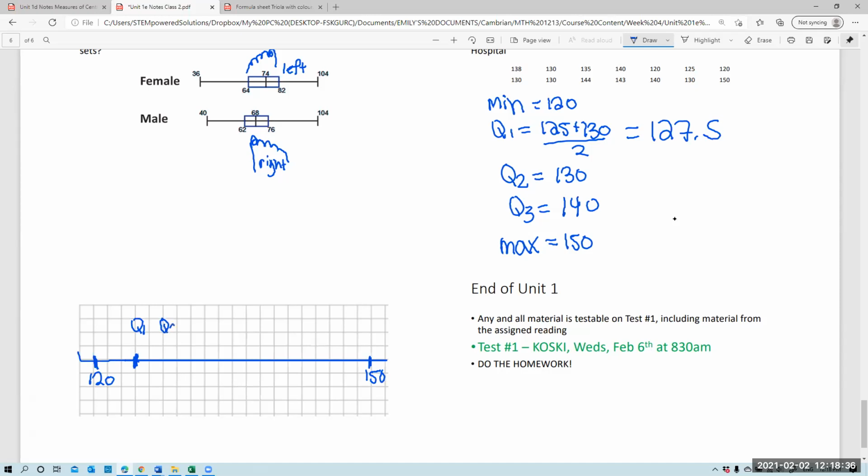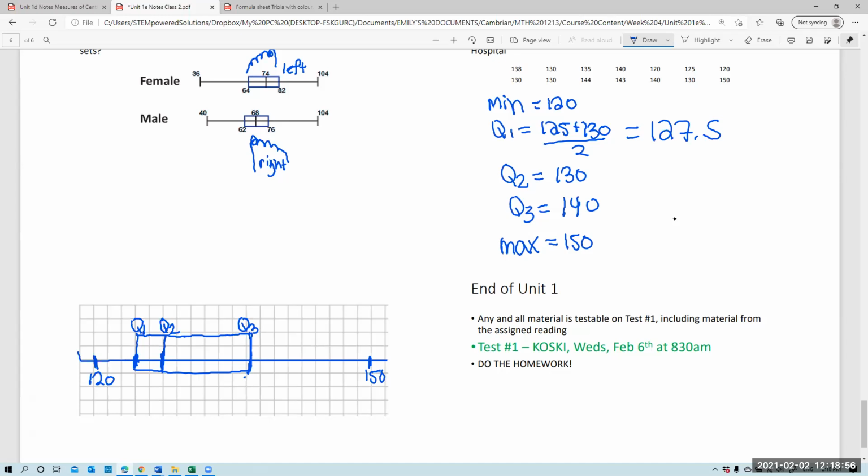My Q2 is 130, so it's about right here. And my Q3 is 140, so it's about right here.